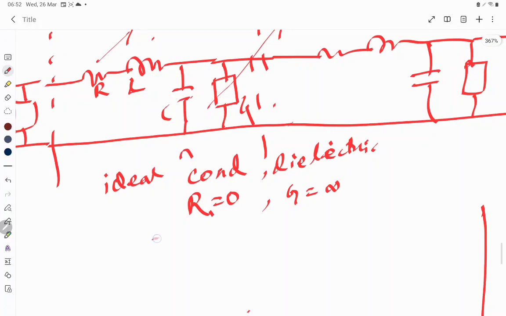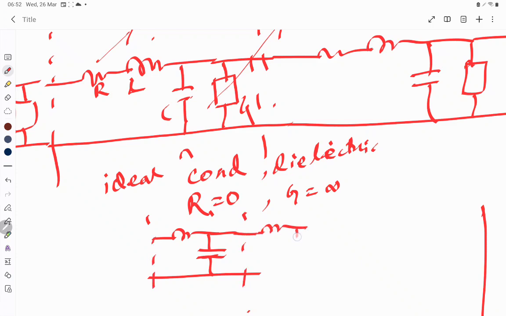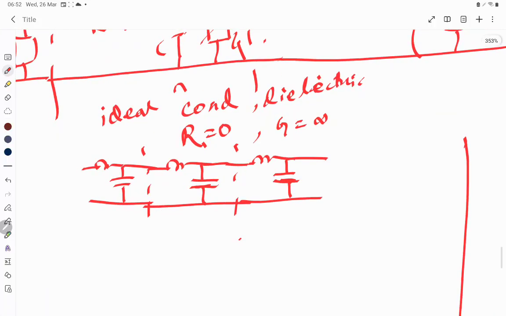Then this circuit becomes a normal LC circuit, which is a low pass kind of structure. So here we get the idea that inherently your two conductor transmission line is a low pass kind of structure.